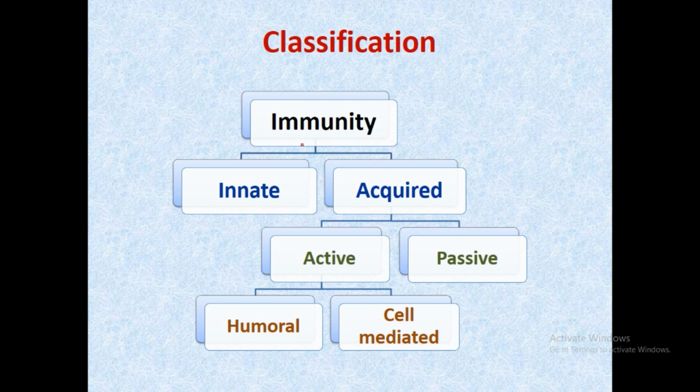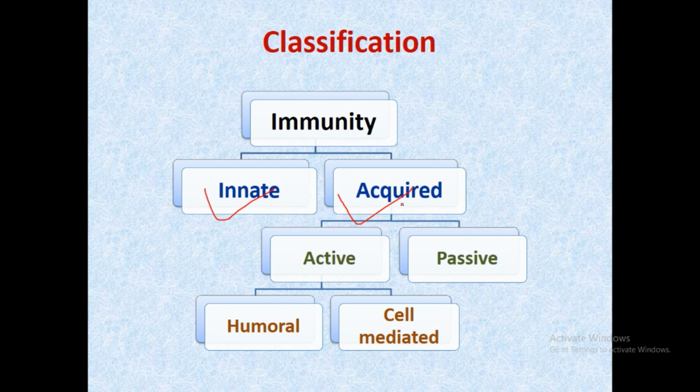As you saw in the previous slide, immunity is broadly classified as innate immunity and acquired immunity. Innate immunity means the resistance of our body to different types of foreign materials which is present since birth, and acquired means the immunity generated or developing inside our body after birth.